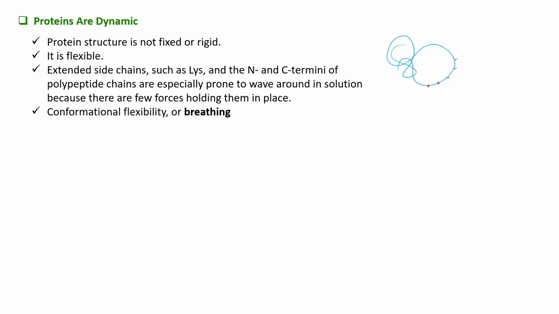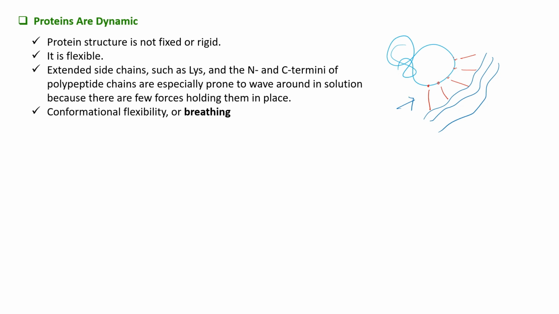So the amino acids whose side chains are extended outwards, because solutions are running around them from the surroundings, these side chains are prone to disruption of already formed bonds between them.